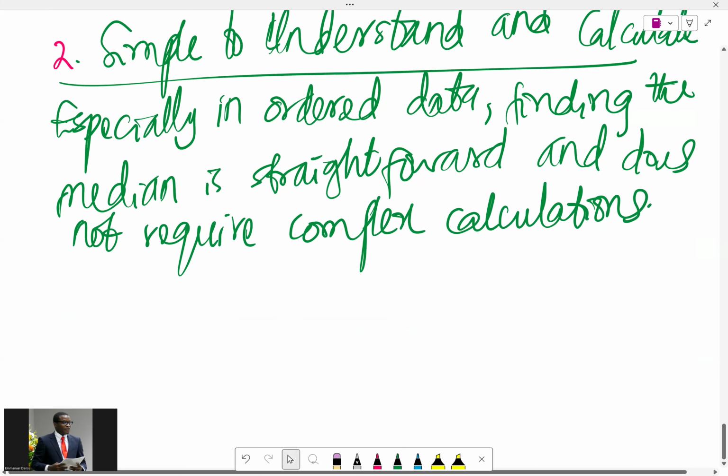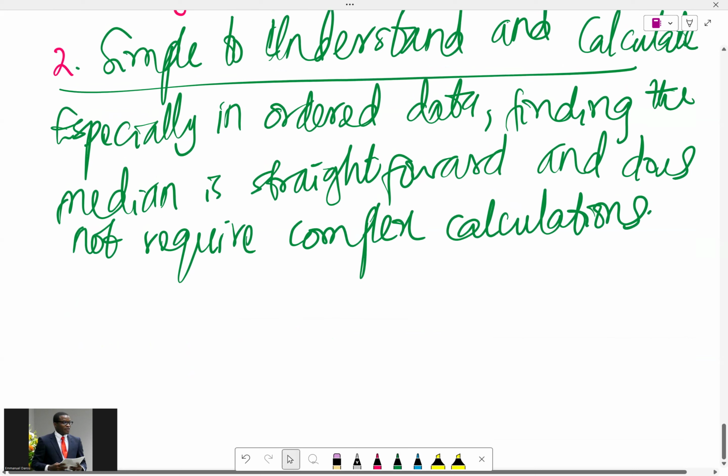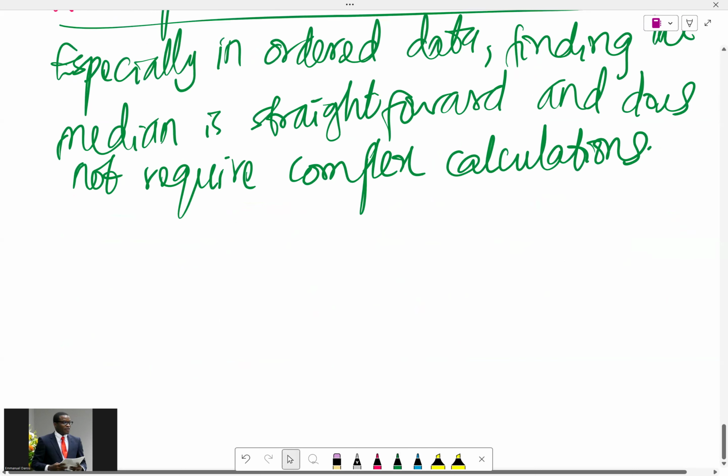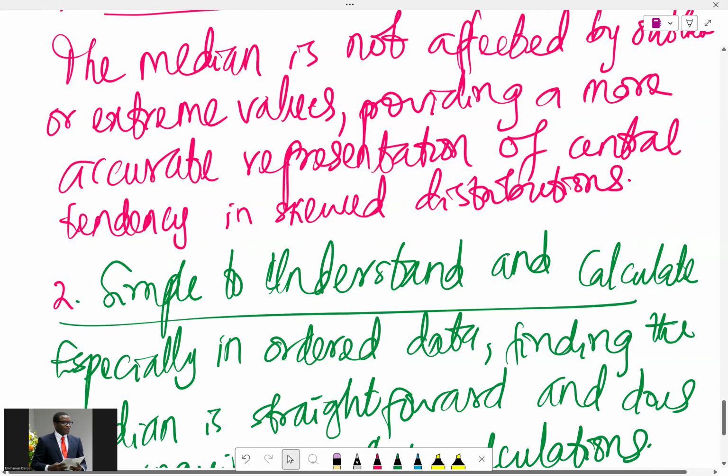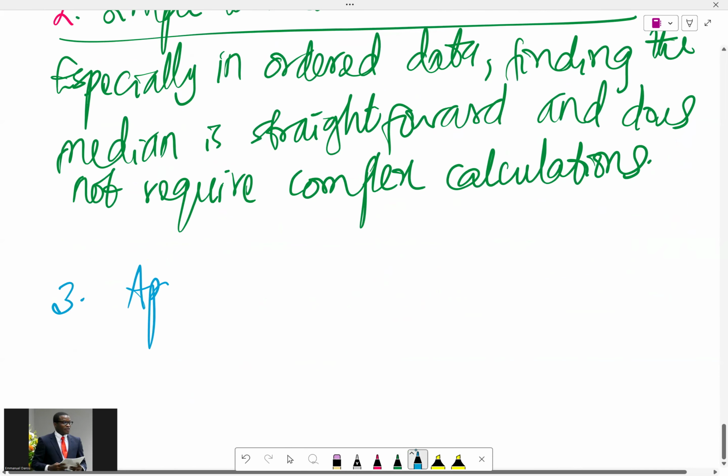Okay, so another advantage is that it's applicable to ordinal data. Even for ordinal data, median is good to go.